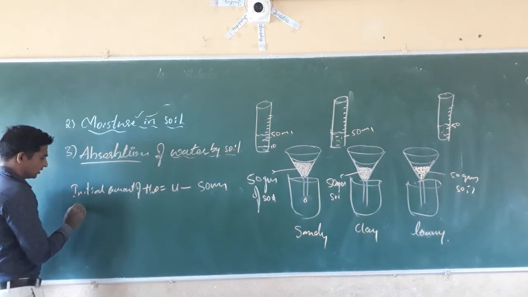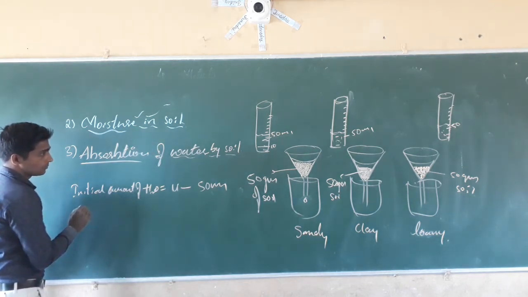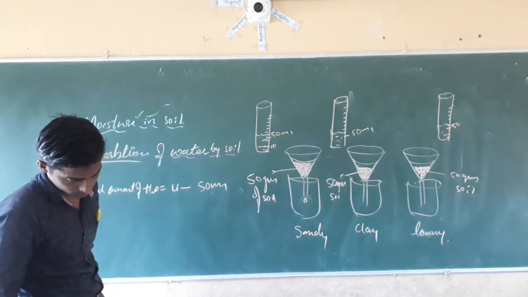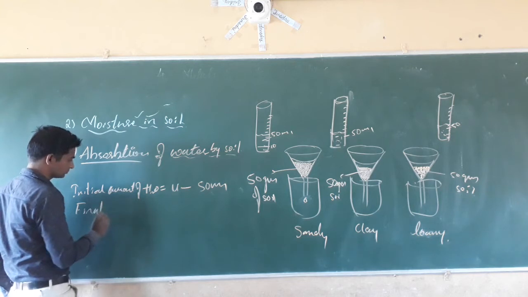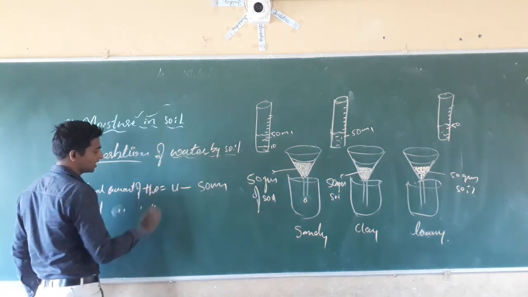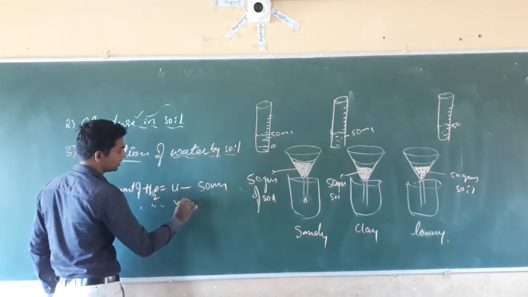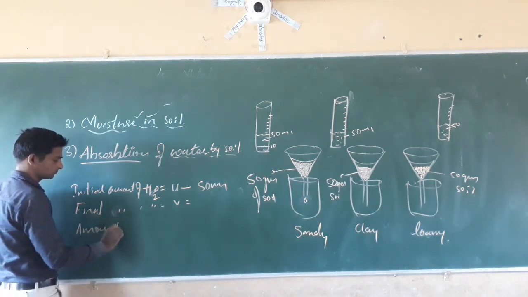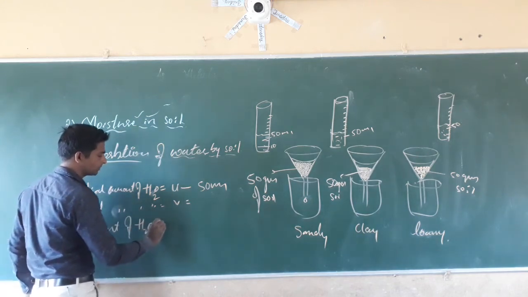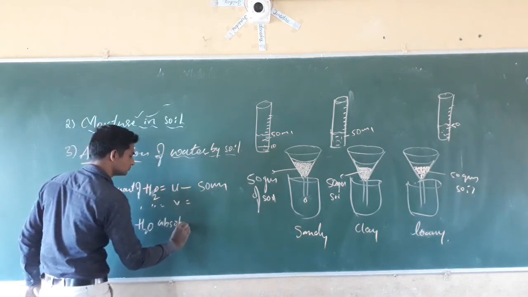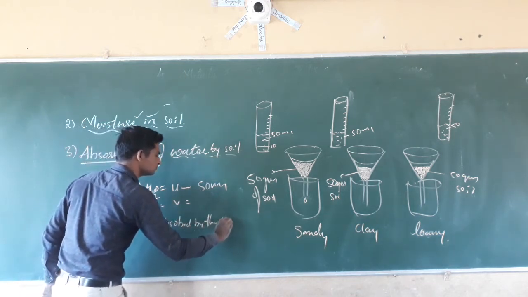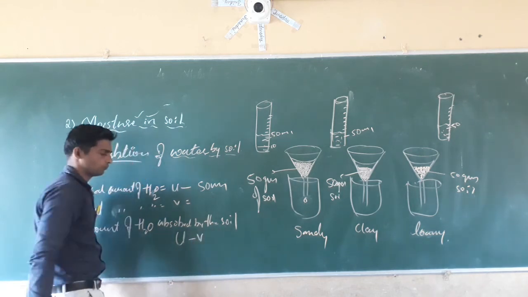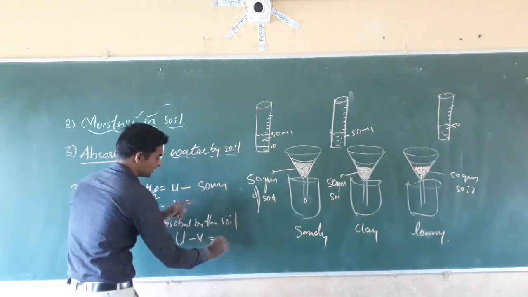Then the final amount of water is equal to V. Then the amount of water absorbed by the soil is the initial volume, that is 50 ml, minus the final volume. That is, it was 50.